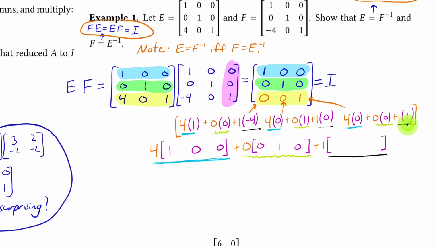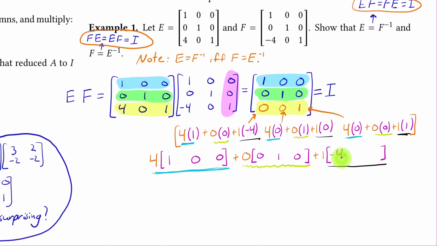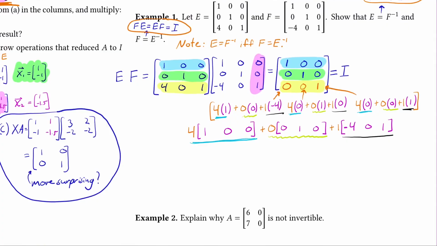So all the 1s are getting multiplied by the row -4, 0, 1. What I want to point out is that these 1, 0, 0 and 0, 1, 0 and -4, 0, 1 are the rows of F.